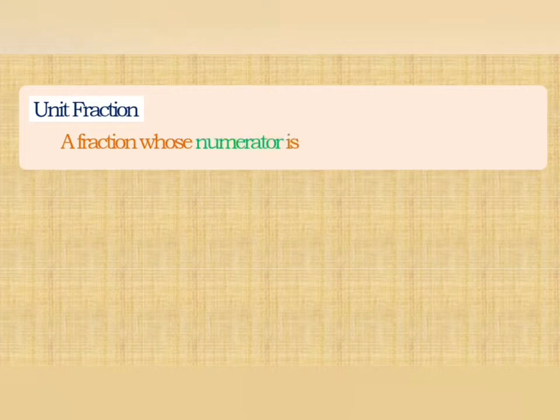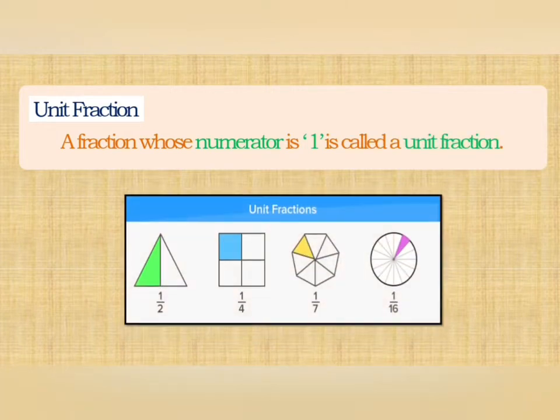Then unit fraction. A fraction having numerator as 1 is called a unit fraction. I will tell you with an example 1 by 2, 1 by 4, 1 by 7 and 1 by 16. Here whatever may be the denominator, all the numerators are 1.